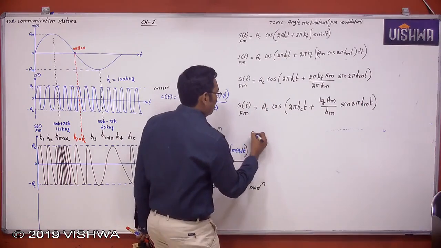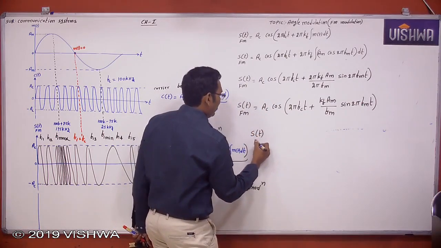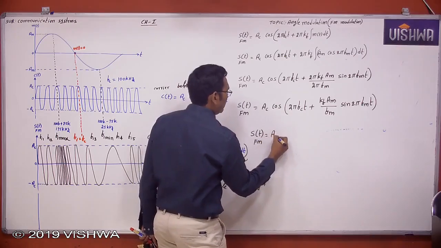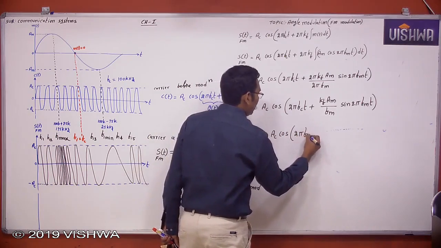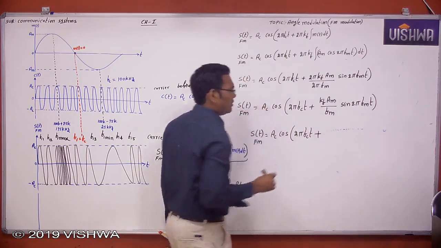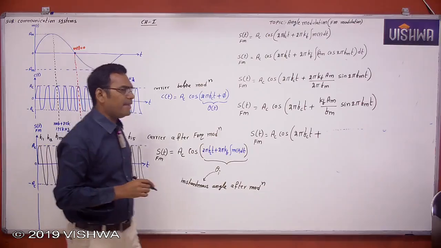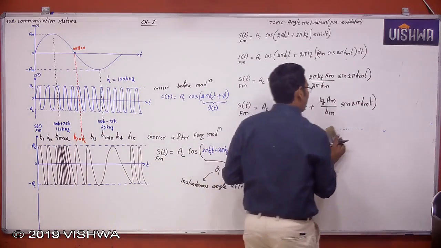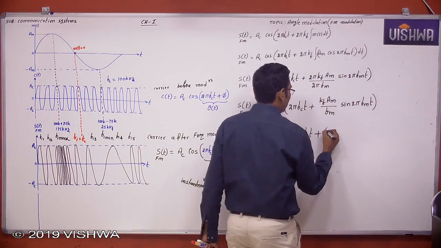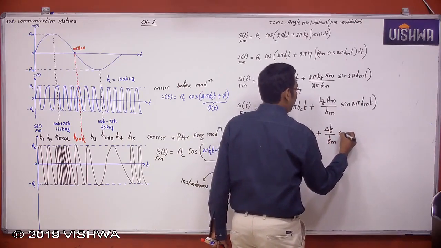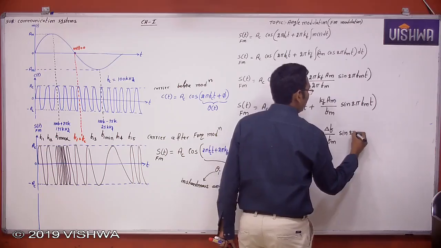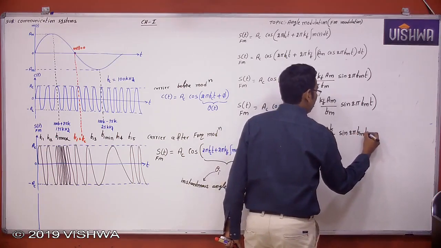Therefore s(t) of FM is equal to Ac cos(2 pi fc t plus, now see here, what is kf into Am? The kf into Am is nothing but the frequency deviation delta f, divided by fm, into sin(2 pi fm t).